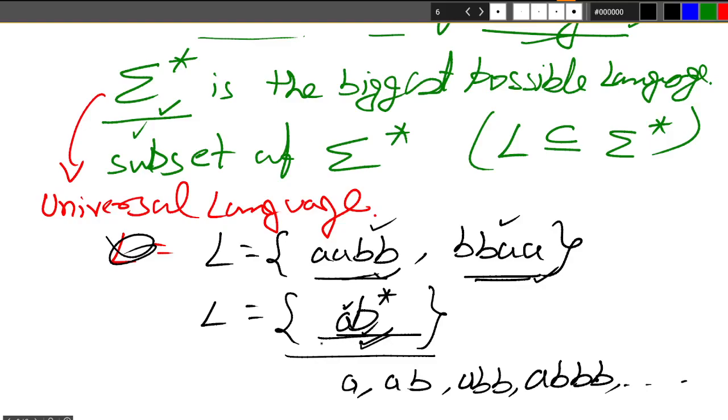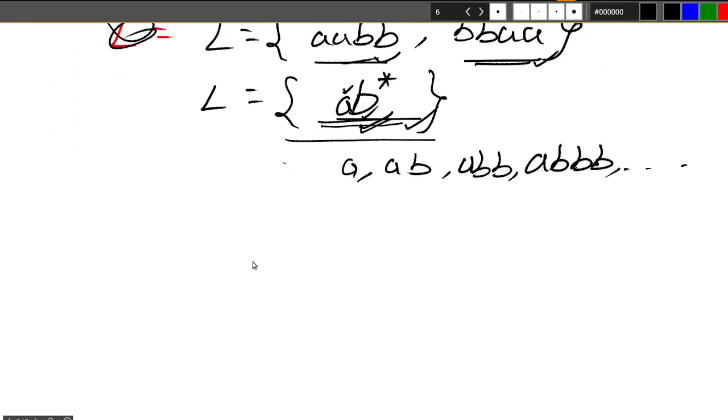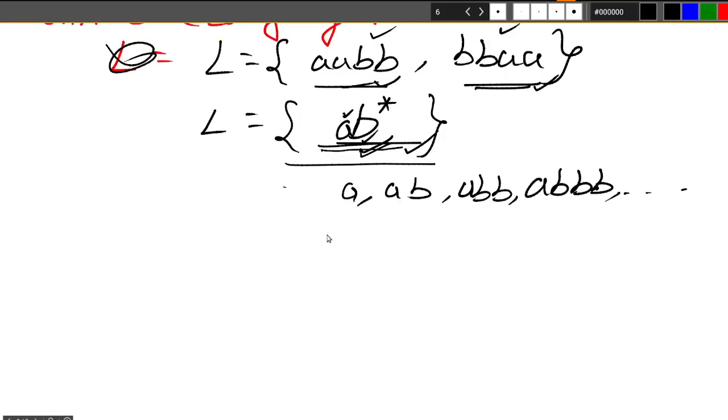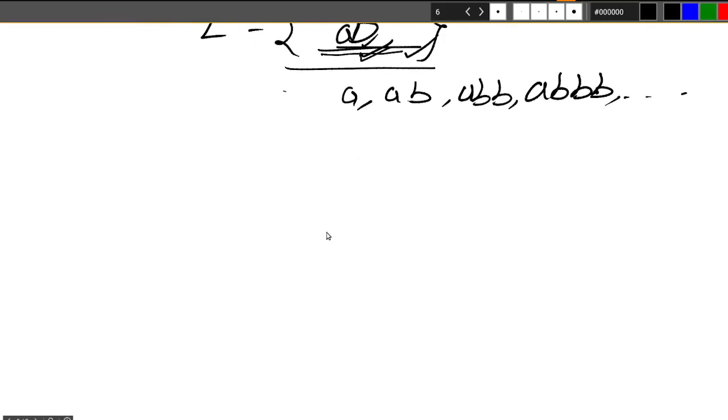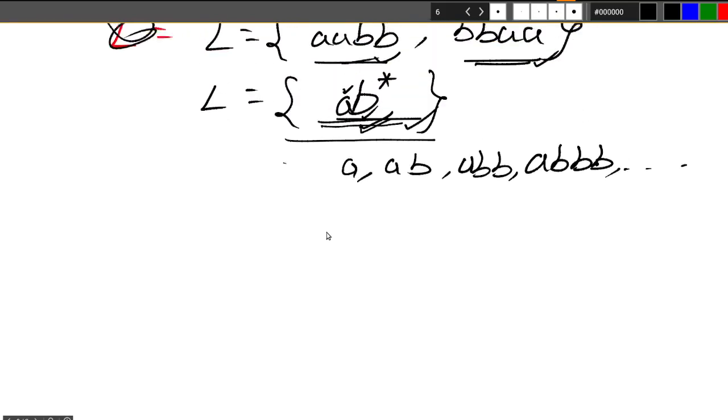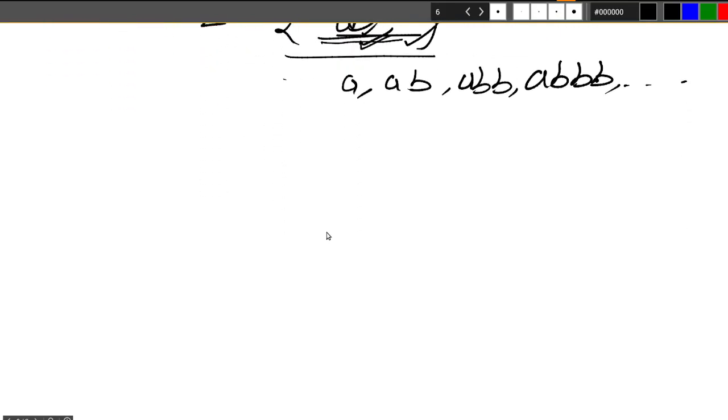You can write a pattern and specify the language. Later on we will see how to write patterns. Basically you have to see what a regular expression is. For now, let me tell you about the operations possible on languages.